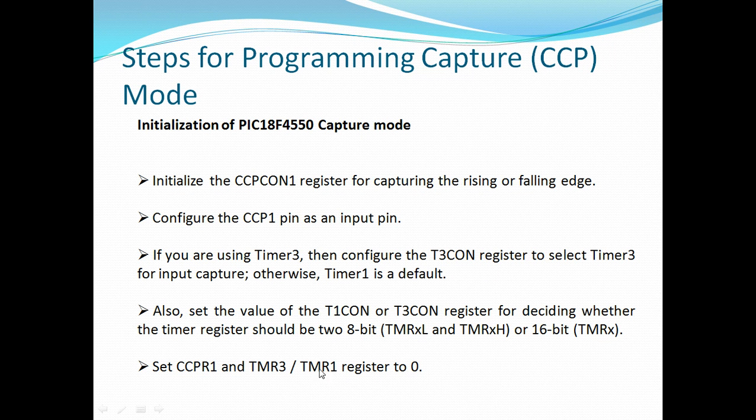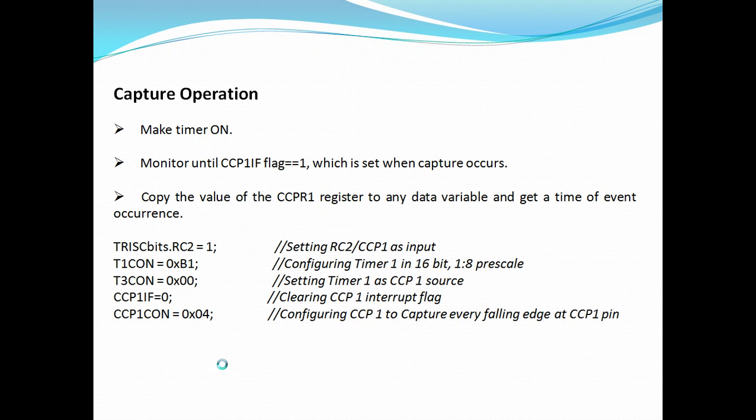Then I will turn on Timer 1 or Timer 3, as per the user need, and I will wait for this particular flag, CCP1IF. Make the timer on and monitor until it becomes 1. That means the event has occurred or the event is captured.